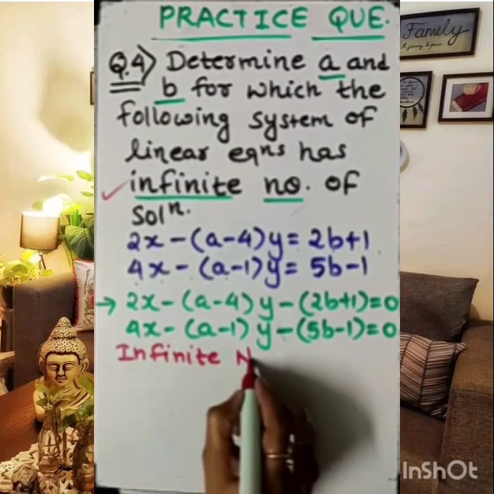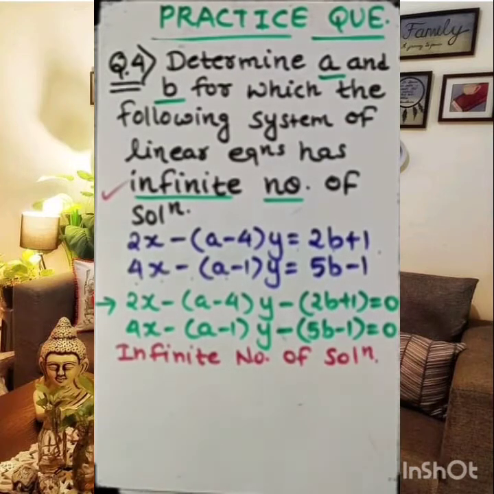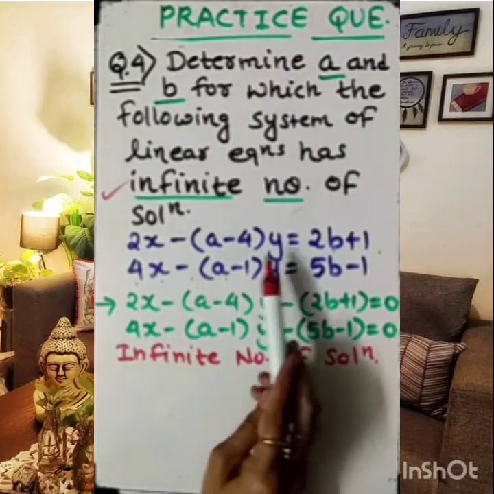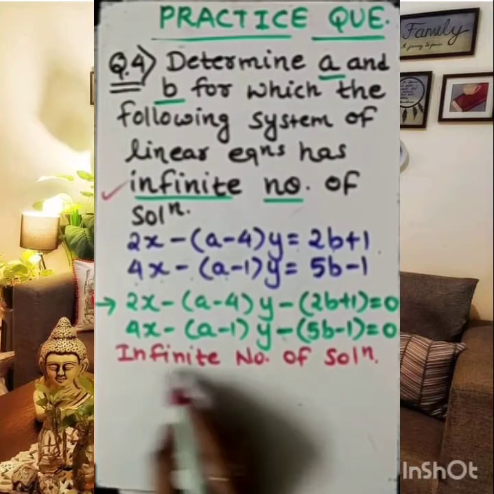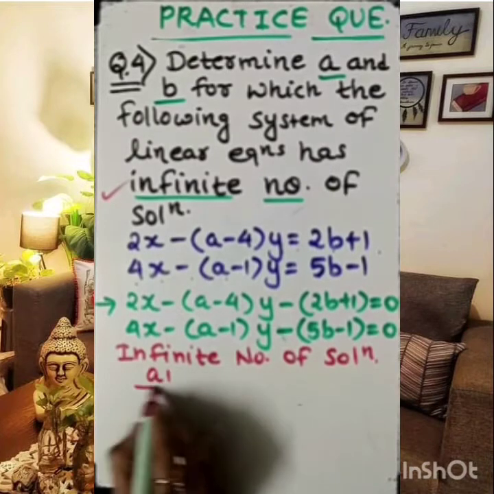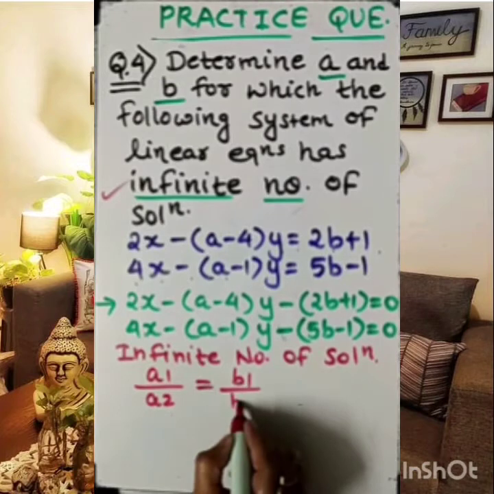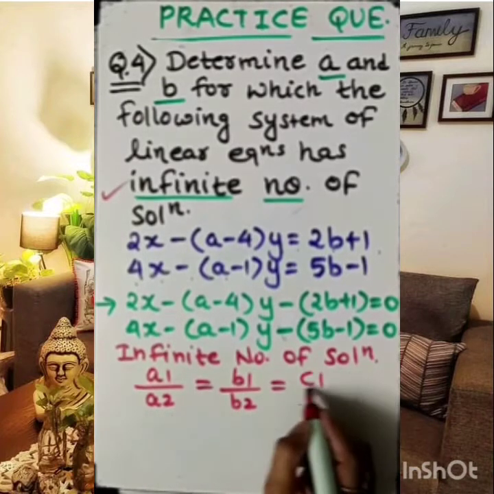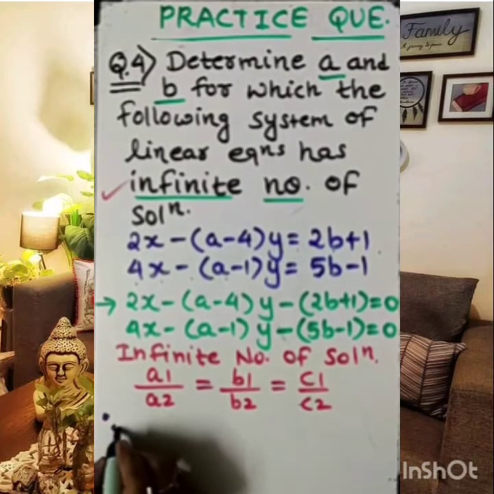Infinite number of solutions, this indicates that both of the equations give coincident lines. Okay, an infinite number of solutions means a1 by a2 equal to b1 by b2 equal to c1 by c2. In that case only infinitely many solutions. Okay, so next step, let's try to compare.